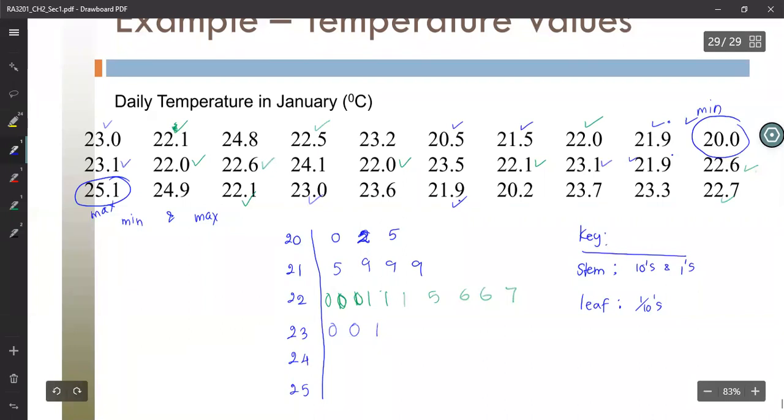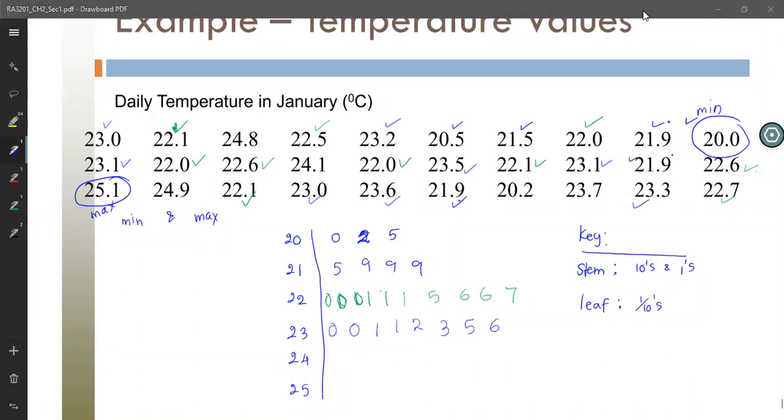Another 23.1. 23.2. 23.3. And 23.5, 6. So 0, 0, 1, 1, 2, 3, 5, 6, and 7. Yes, 23 point. So, okay.